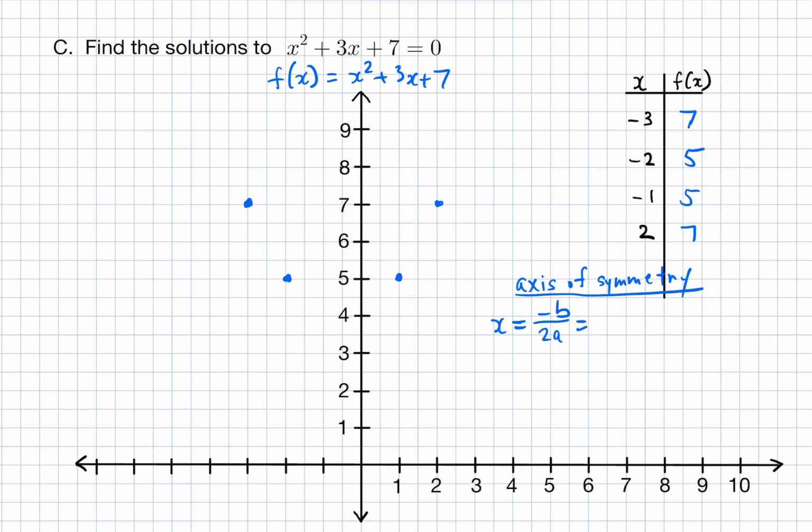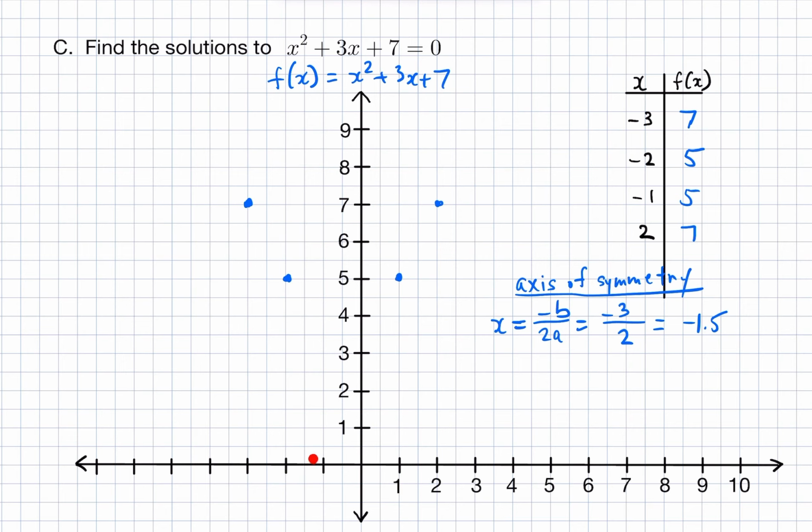So if we insert those values, my b here is 3, and so we're going to have negative 3 over 2a. Well, a is 1 because the implied coefficient in front of this x squared is 1, and so we're going to have 2. We see that my x value is negative 1.5. Well, at negative 1.5, that places us right over here.